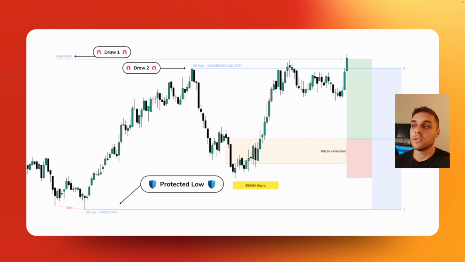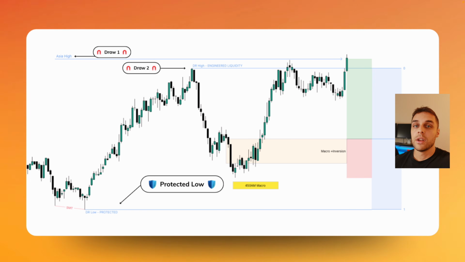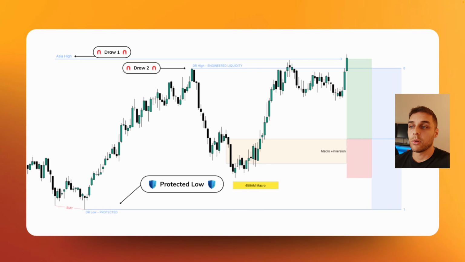When you see these signatures in price, I would price it the same way, whether it was the 4:50 a.m. macro or the 9:50 a.m. macro. Now, of course, there are slight nuances when there's red folder news, or if it's seek and destroy, whatever, that's for another video as well.